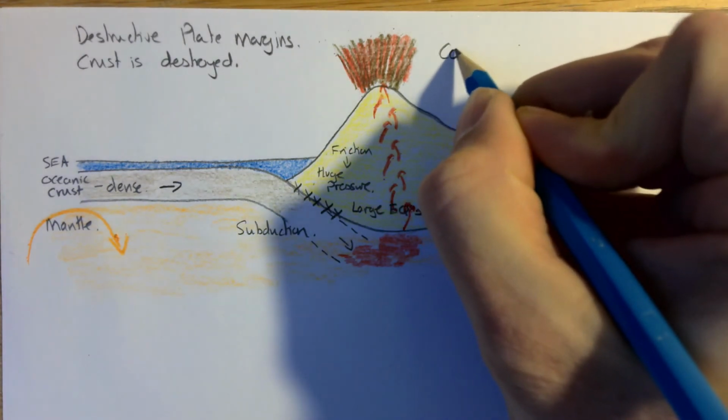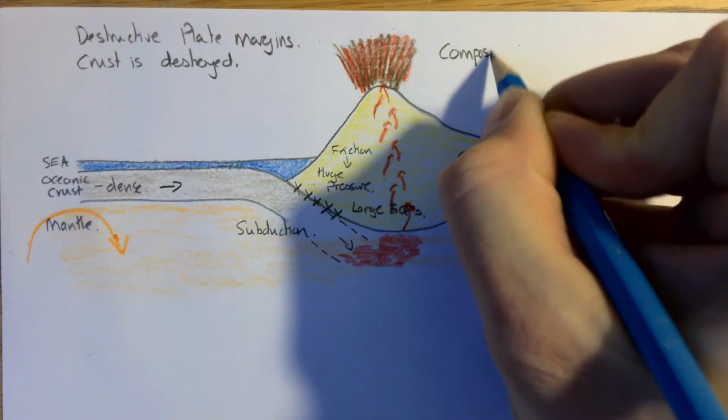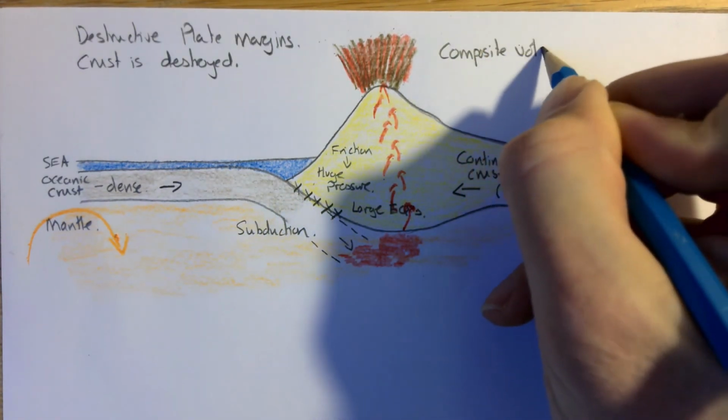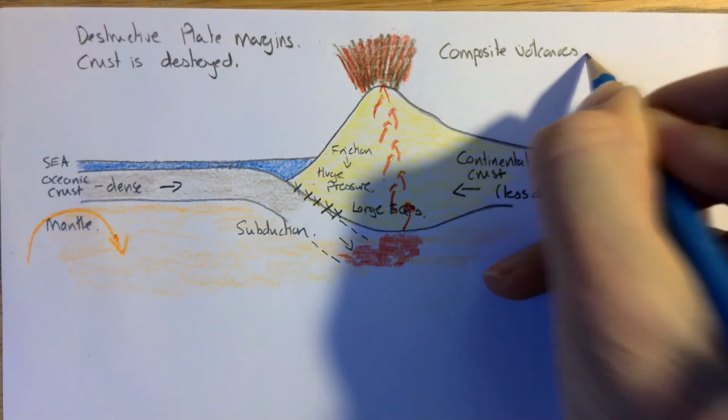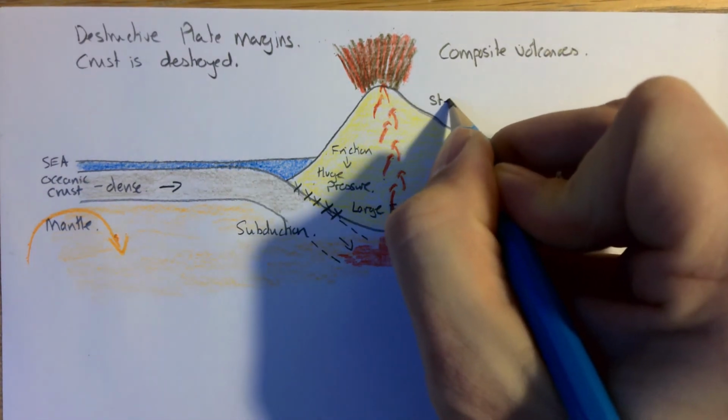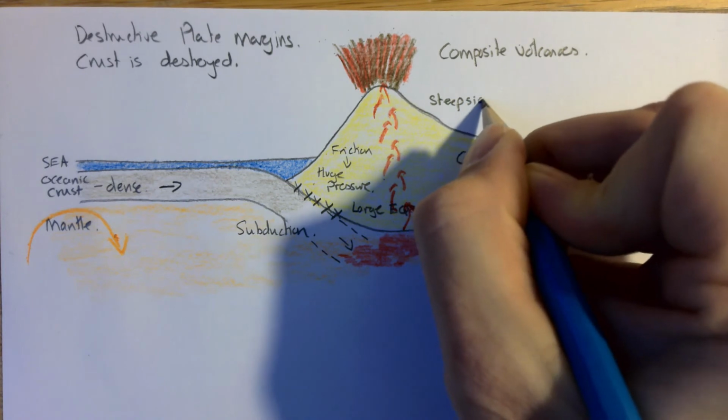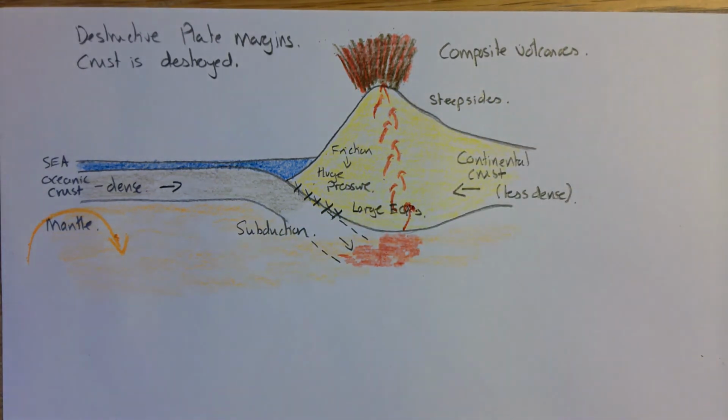These are called composite volcanoes. They have steep sides and this is another form of tectonic activity that we would find at destructive margins. Composite volcanoes, explosive in nature.